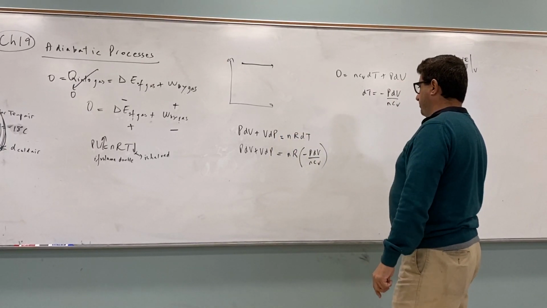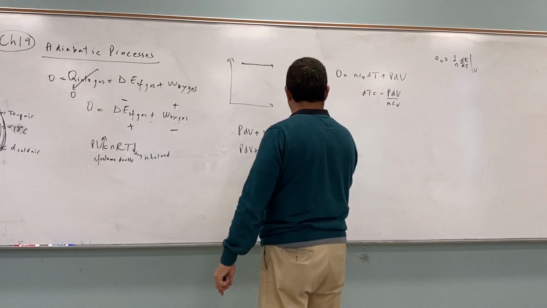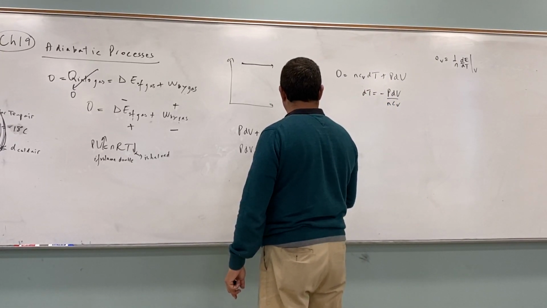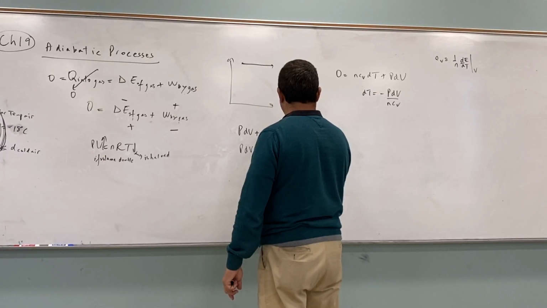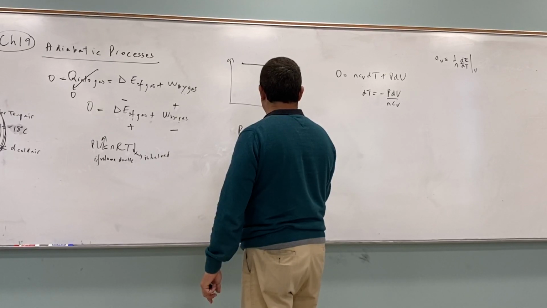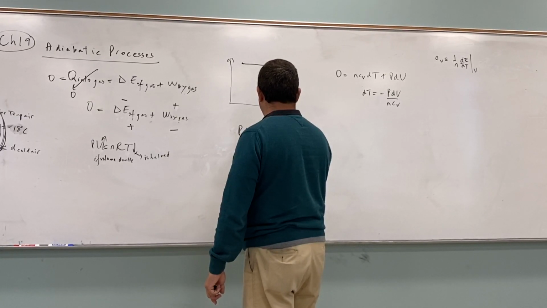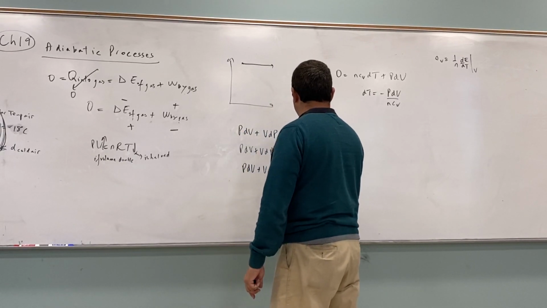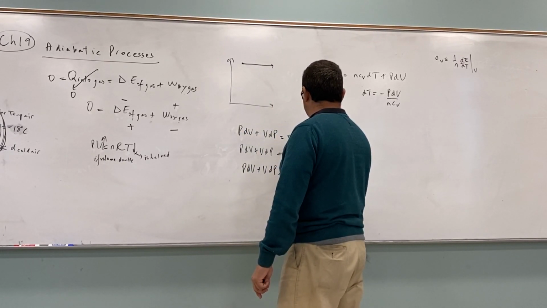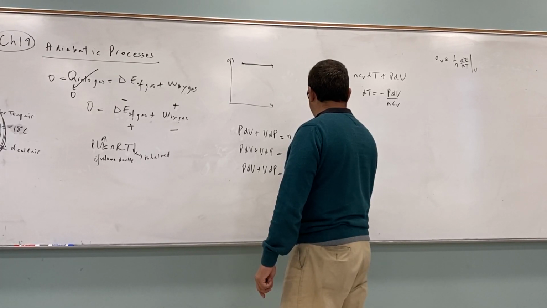And then you're left with PdV over nCv, n cancels, n cancels. PdV plus VdP is equal to negative R PdV over Cv.